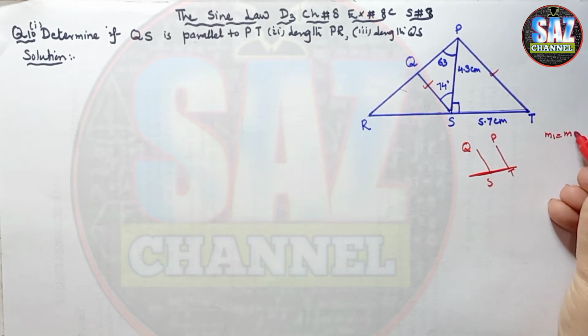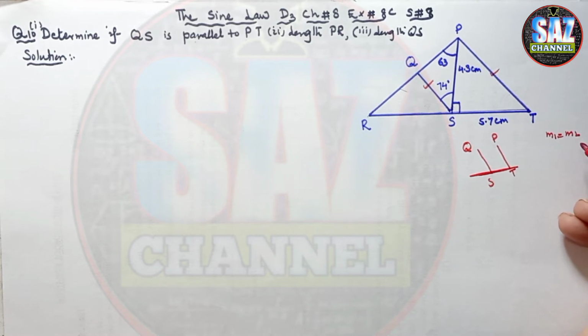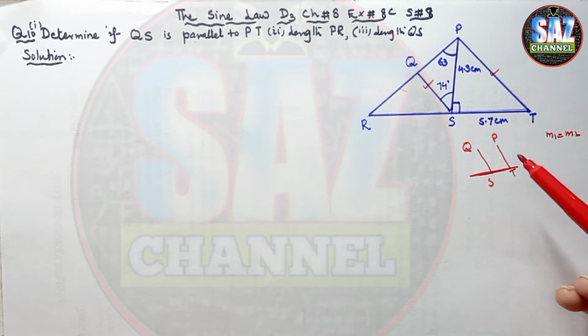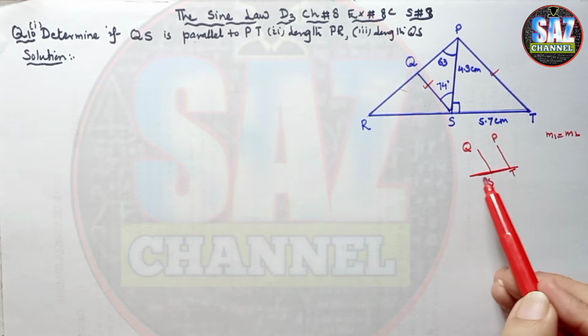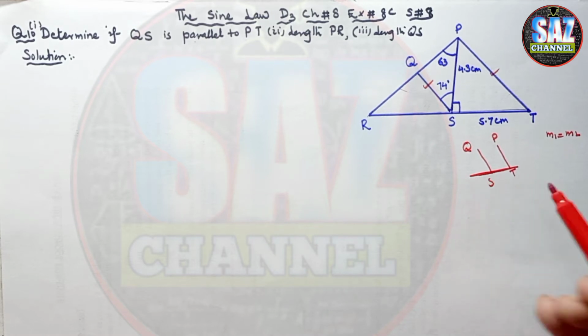But here we are dealing with angles. We are not given the lengths completely so that we can determine the gradients. So we have to think about how, when the angles are given, we can prove that the lines are parallel or not.